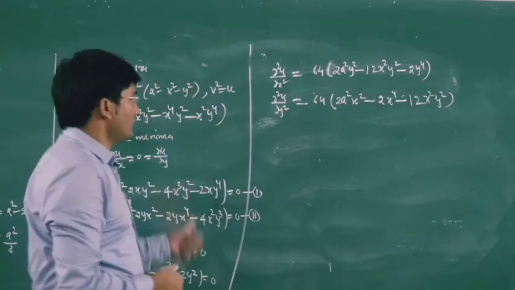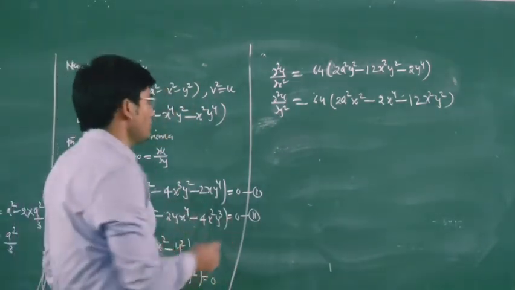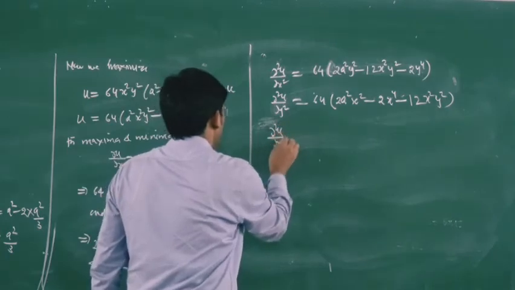So these are the values of ∂²z/∂x² and ∂²z/∂y², and then ∂²z/∂x∂y.